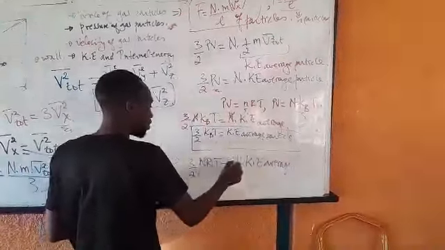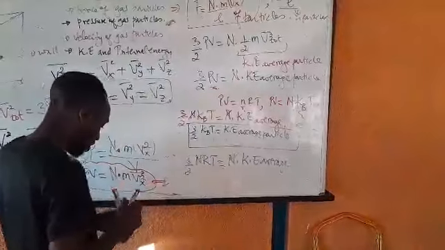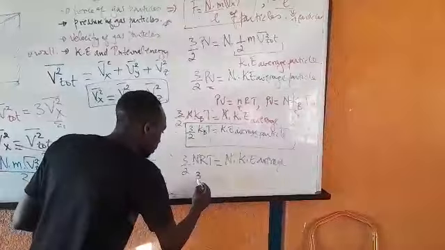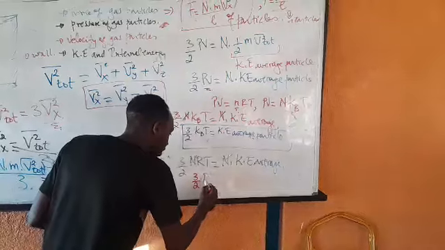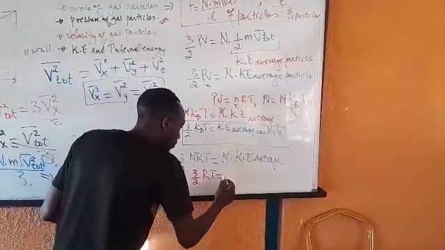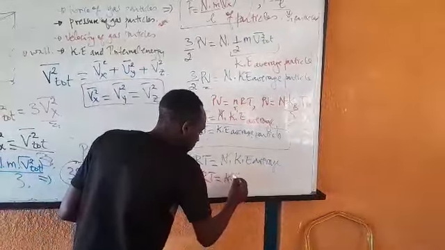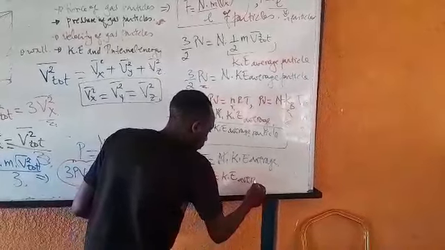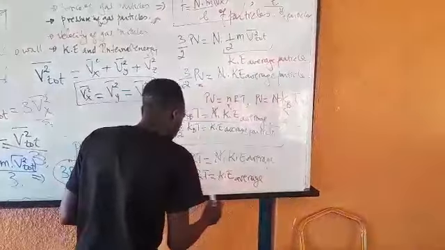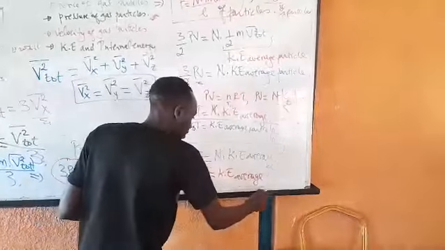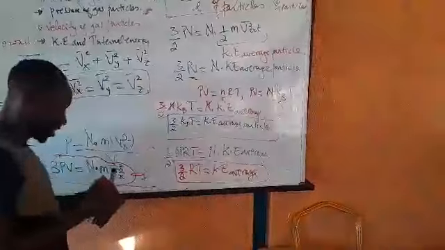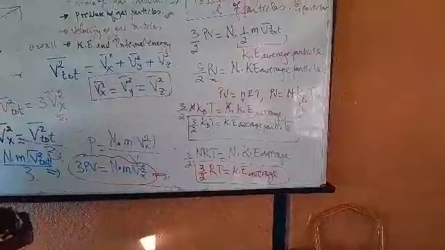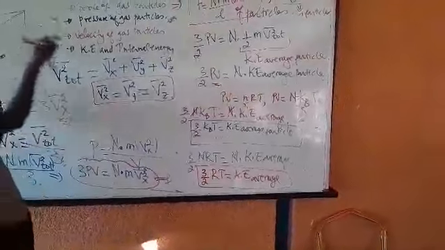Then you cancel, and the equation gives us 3/2 RT equals KE average. That's how you can calculate the average kinetic energy of gas particles in the container.